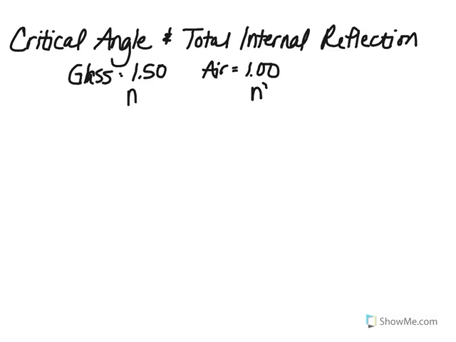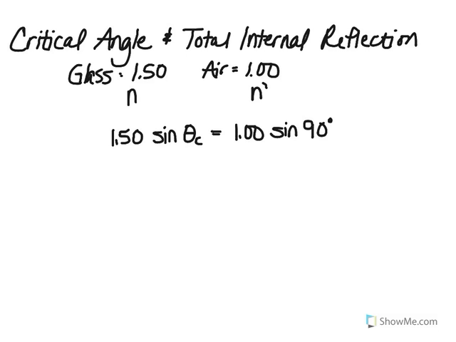And the definition of the critical angle is the incident angle that will give us an emergent or refracted angle of 90 degrees. So if we say n times the sine of theta c, our critical angle or incident angle, is equal to n prime times the sine of 90 degrees, which by definition would be our refracted angle.